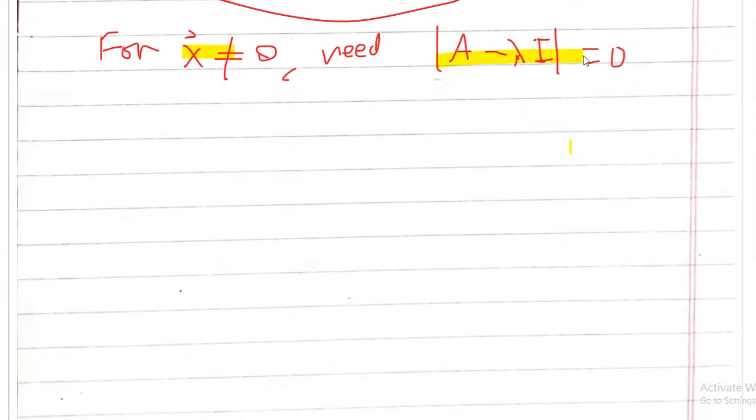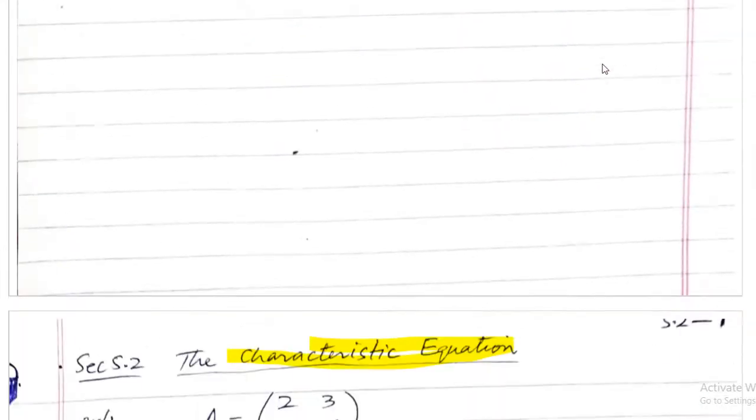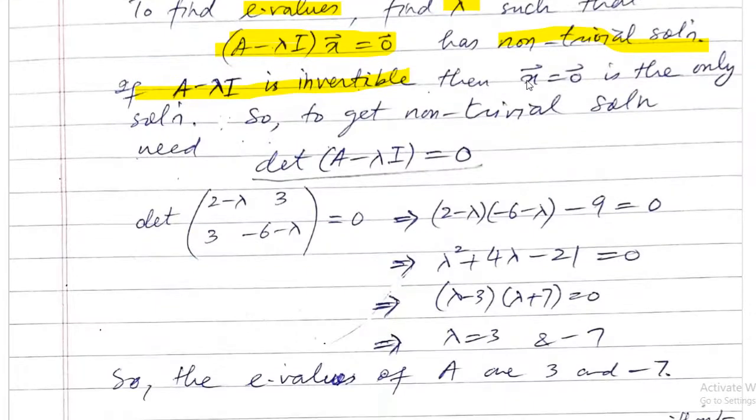For that, my determinant should be equal to 0. If A is invertible, then x is equal to 0 is the only solution. I showed you above, right? So to get a non-trivial solution, we need the determinant of A minus lambda I equal to 0, because this will make sure that the inverse does not exist. And if the inverse does not exist, we may have solutions, but that will not be the 0 solution.